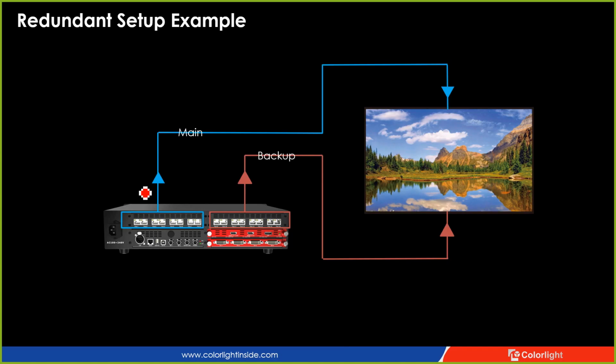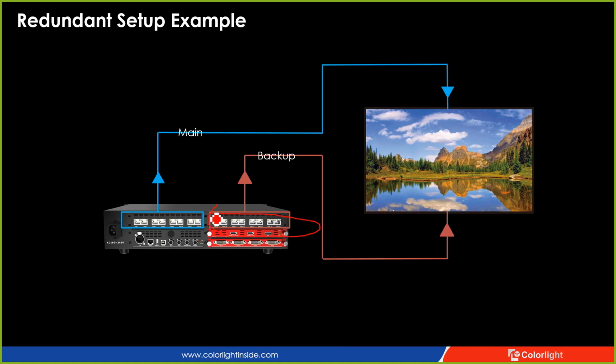Okay. This slide shows a loop redundancy example. Sometimes it is not necessary to use all the output ports on the X16, so we can use spare output ports on the device as a backup.